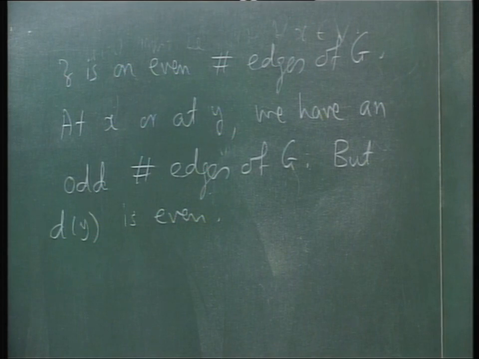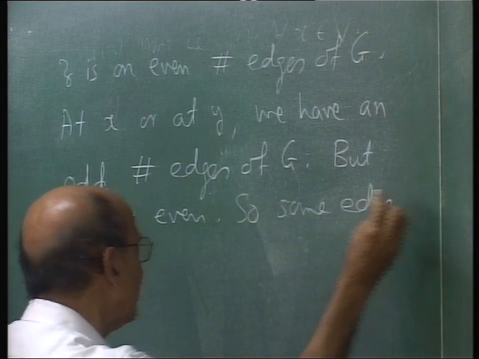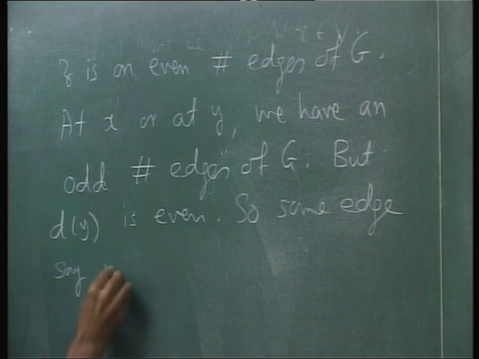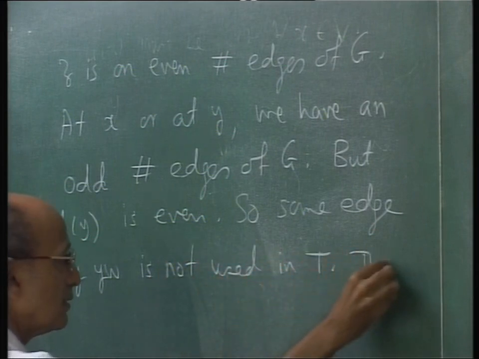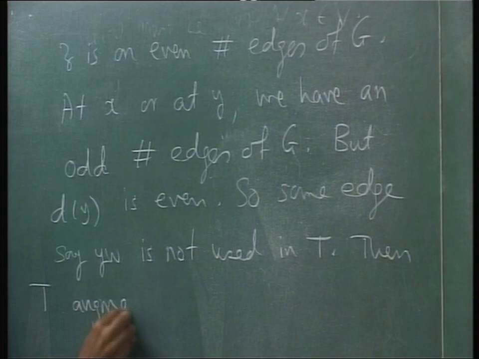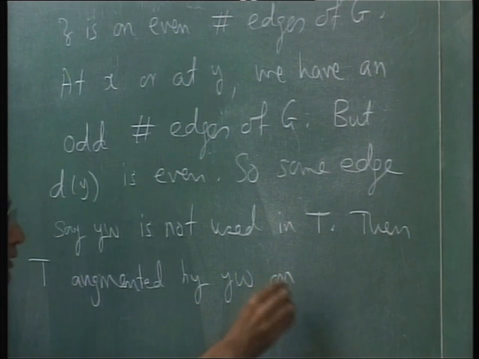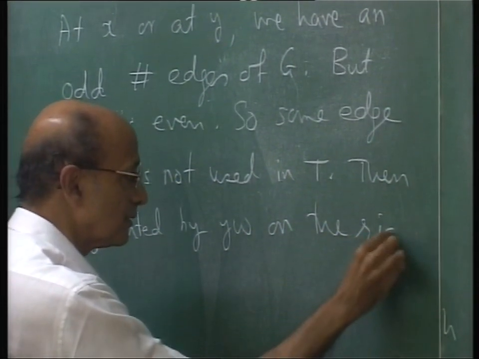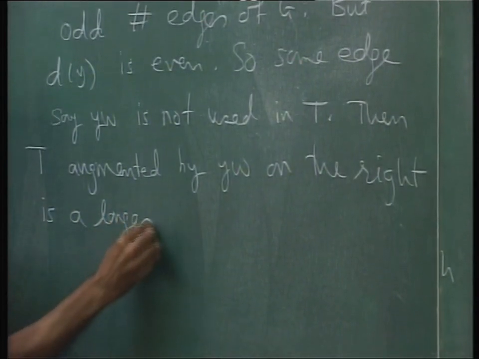I could not have exhausted all the edges at y. So some edge, say yw, then T augmented by yw on the right is a longer trail. Contradiction.